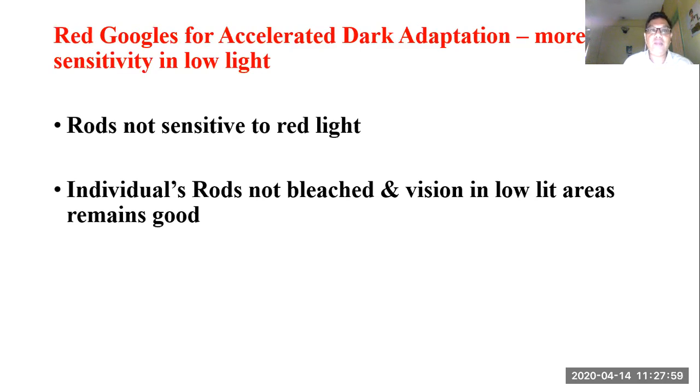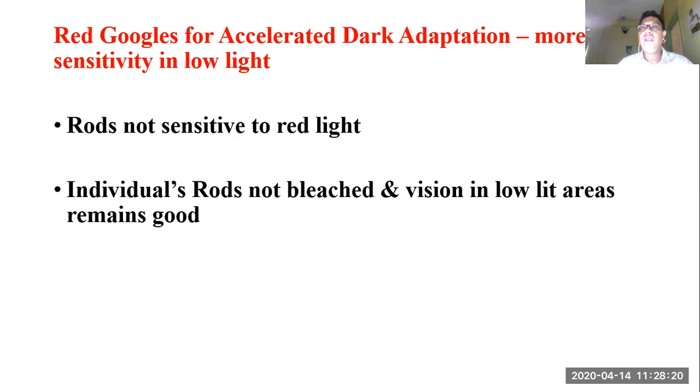So you will be kind of blind, because the rods which have already been bleached in the external sunlight will have to regenerate the photopigment, and this takes time. This will take 15-20 minutes. After 15-20 minutes, things will come back to normal, and you will have adequate sight even in the dark.